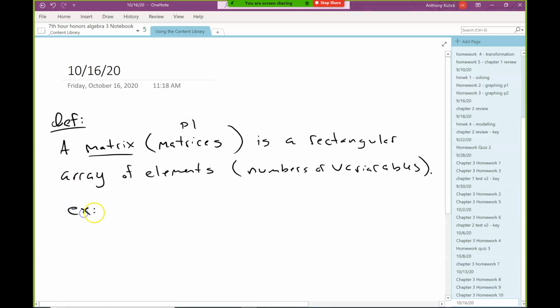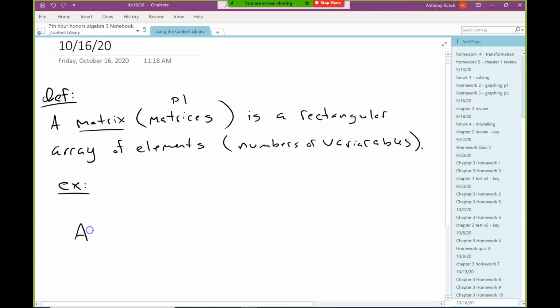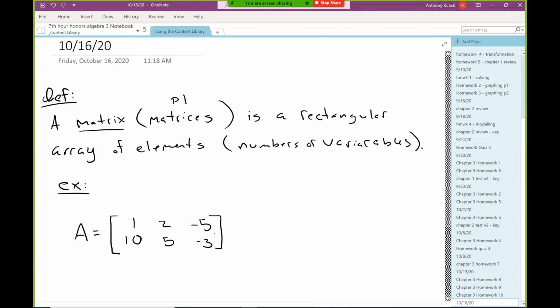So let's look at the notation here. Typically we name a matrix with a capital letter. And to indicate the array, I'm going to use a square bracket to indicate my matrix, and then I'm just going to write my numbers in an array.